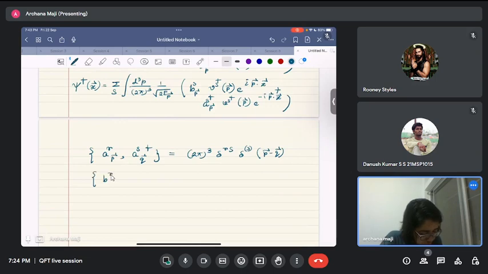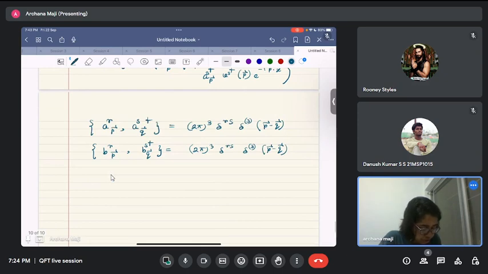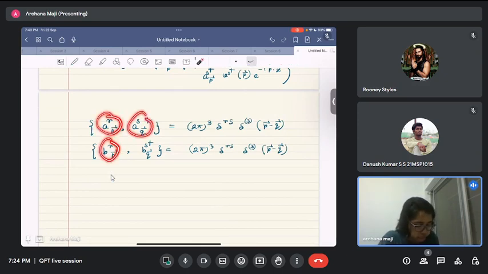Likewise for b, (2 pi) cube, and all other anti-commutators vanish, meaning anti-commutation between a and b vanishes, a dagger, b dagger vanishes, a dagger, b vanishes, and so on. Okay.